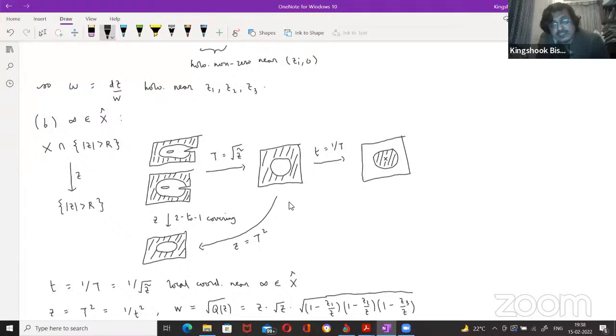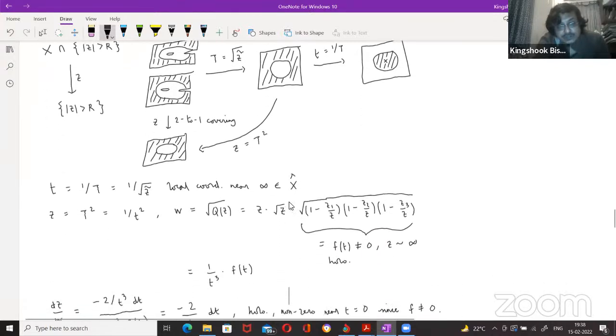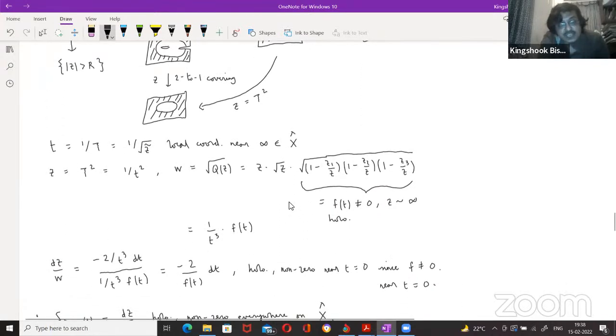So this will give me a 1-to-1 onto map onto a disk. So that means this t coordinate is my local coordinate near the point at infinity. So t is equal to 1 over ξ, which is 1 over square root z. This is my local coordinate near infinity. So what is z? z is ξ squared, since ξ was the square root of z. So z is ξ squared, which is 1 over t squared.